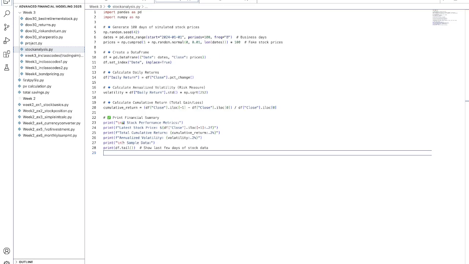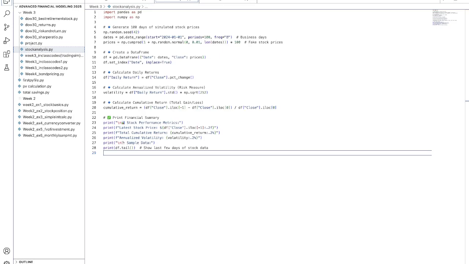Moving on, we're going to be generating simulated stock price data, and this np.random.seed(42) is going to ensure that the random data is reproducible. The stock prices start at 100 and fluctuate based on a normal distribution, where the mean is 0, standard deviation 1.